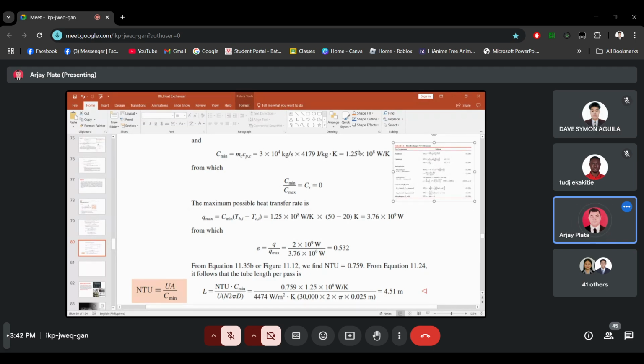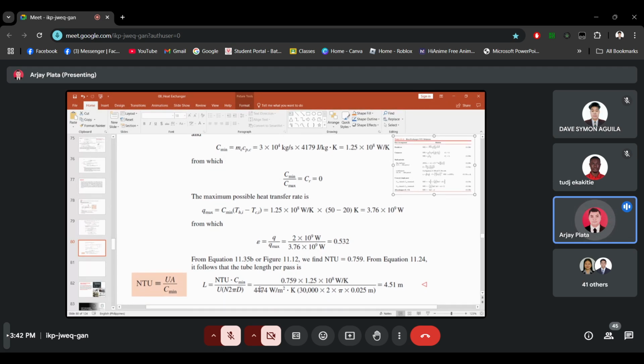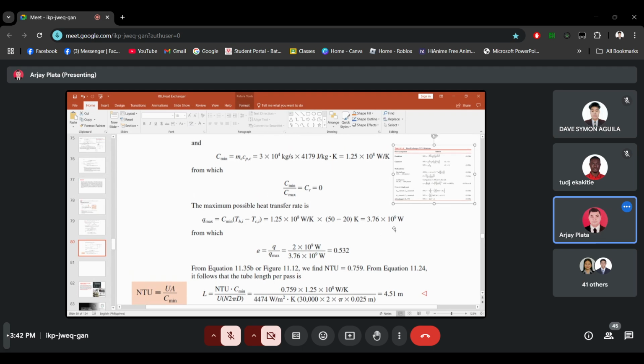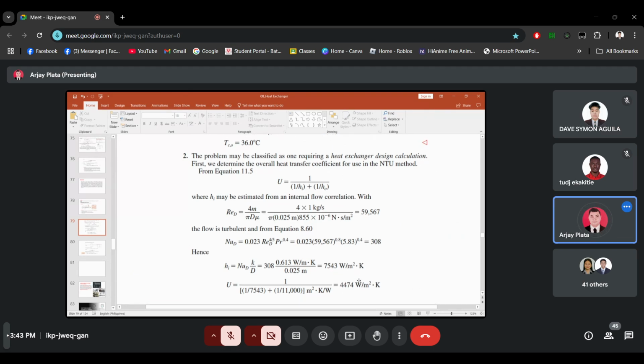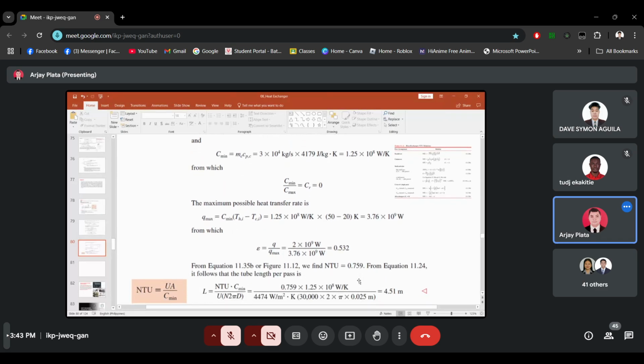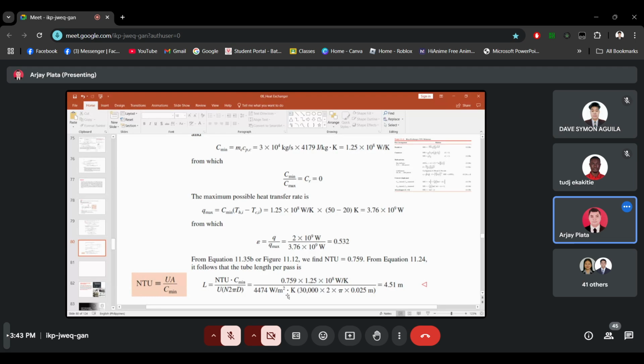And then U is 4,474 watts per meter squared, which is from what we solved earlier. And then d is 0.025, multiplied by 30,000. So we can get the value 4.51 meters.